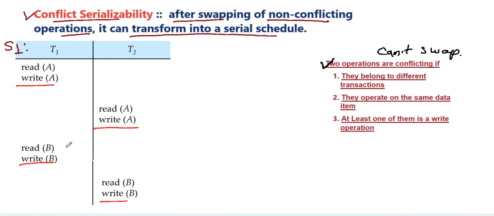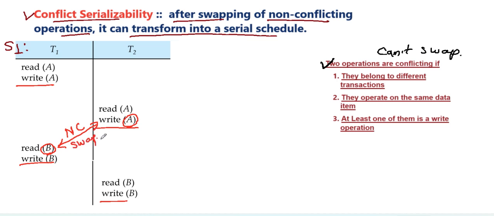Now check if you can swap these two instructions. One of them is a write, but they are operating on different data items. T1 is operating on B and T2 is operating on A. So this pair of instructions is non-conflicting and we can swap them.